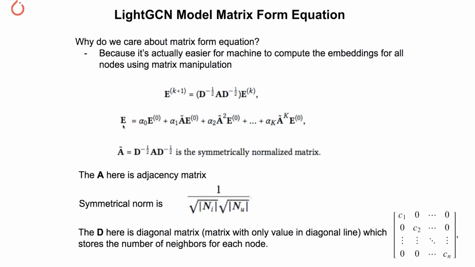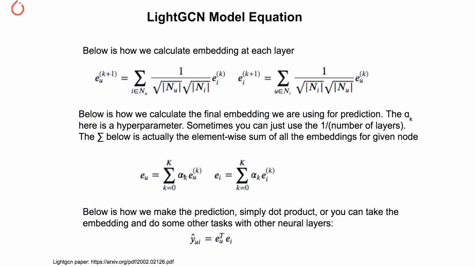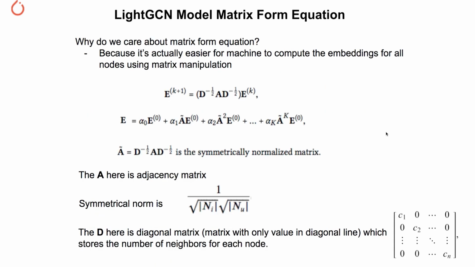And then the second equation is straightforward. It's basically mapped to here. You just add this hyperparameter term, or sometimes 1 divided by the number of layers. So this alpha is applied here. And A tilde, this is called the symmetrically normalized matrix.